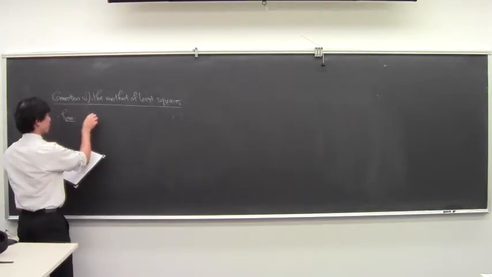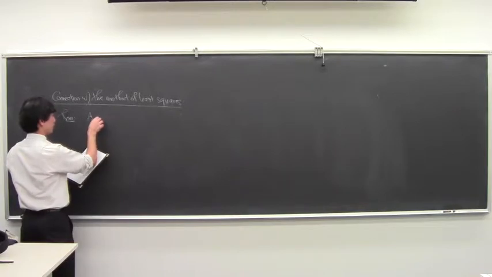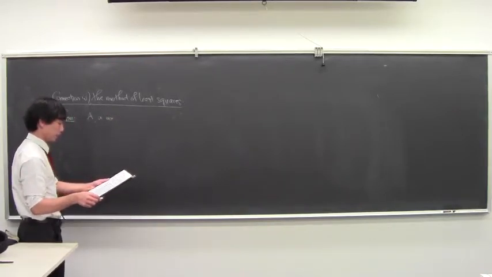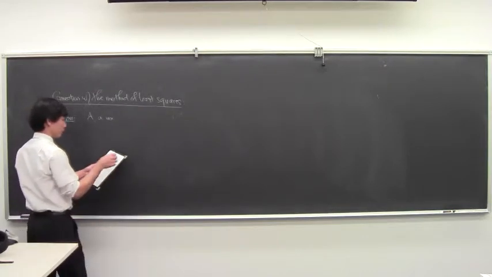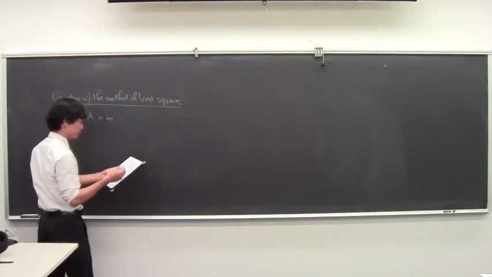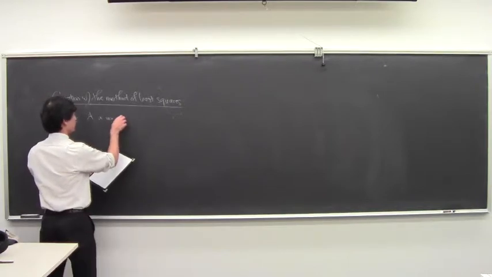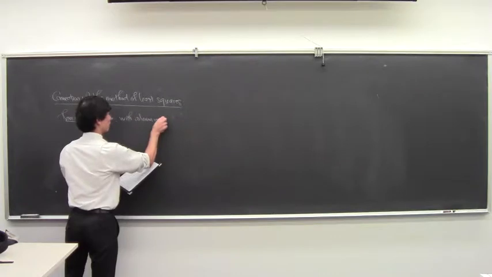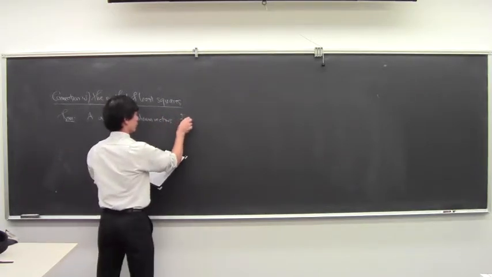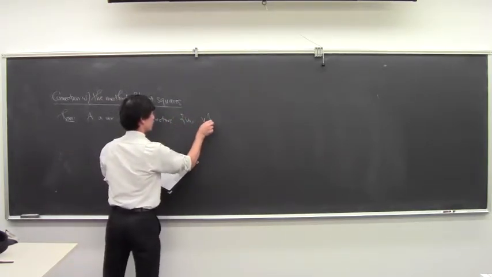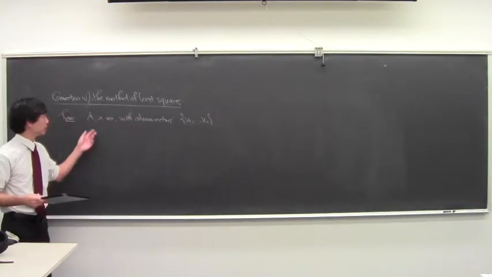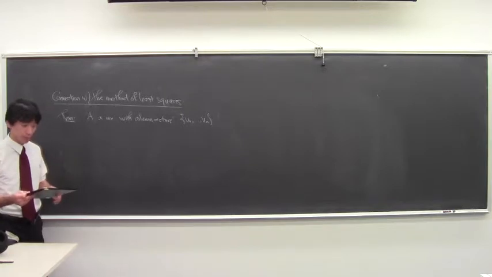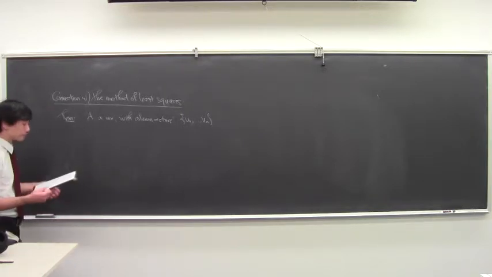Let's say that you have a matrix A with column vectors U1 through UN. Really, to be consistent, I should have called these A1 through AN, but in my notes I've used U everywhere, so I'm going to stick with that.